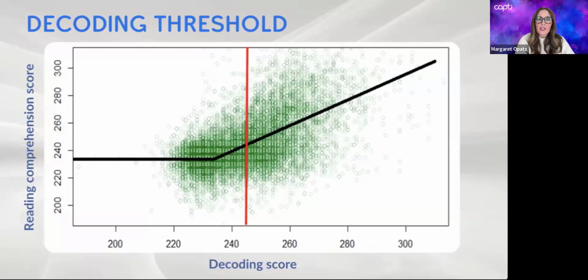That's what you see on the left side of that red line. Any student who was not able to decode the words on the page, their comprehension was flat. The difference was once students were able to decode a certain amount of words, it actually influenced their comprehension.